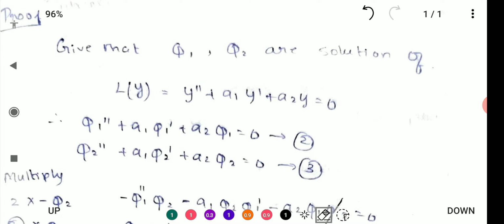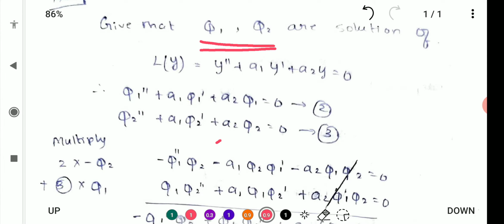We have just substituted because they have given that these are the two solutions. Then we need to find one equation, so I am going to solve these equations.